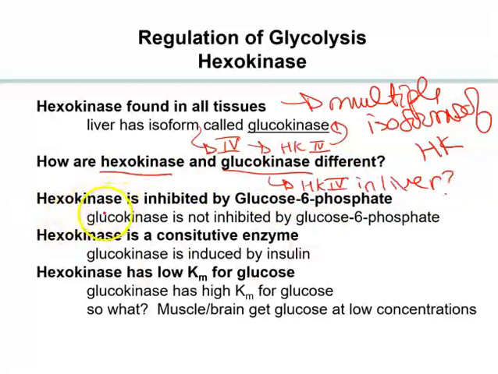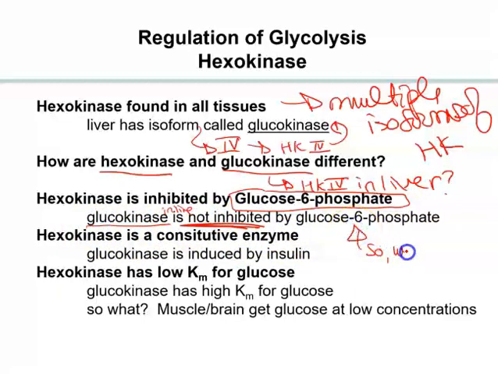Well, hexokinase is inhibited by glucose 6-phosphate. Glucose 6-phosphate is a product of this reaction. And so most of the hexokinase enzymes in the body are inhibited by glucose 6-phosphate. So they're sensitive to product inhibition. Glucokinase in liver is not inhibited by glucose 6-phosphate.